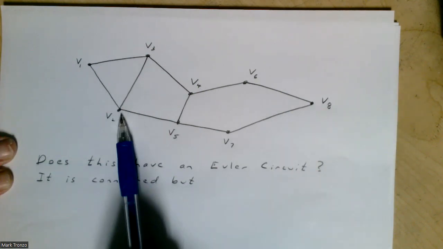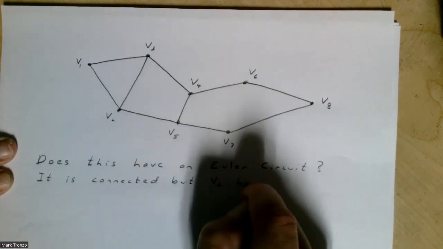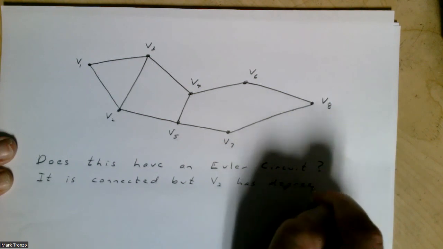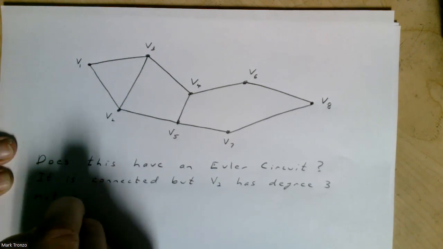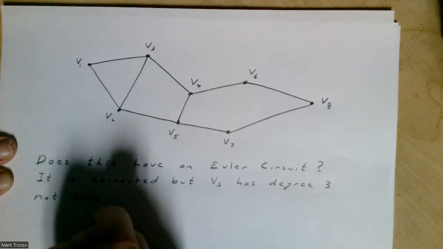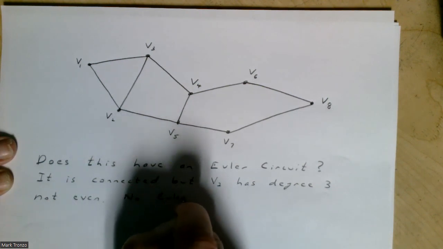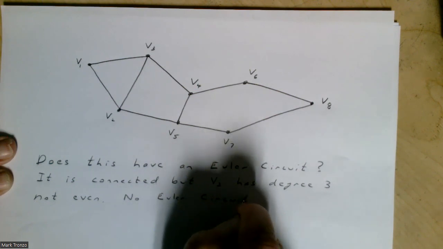So you could just say V2 has degree 3, not even, no Euler circuit.